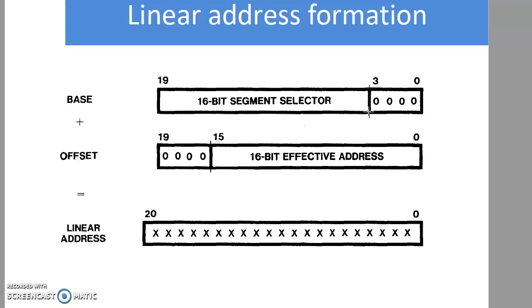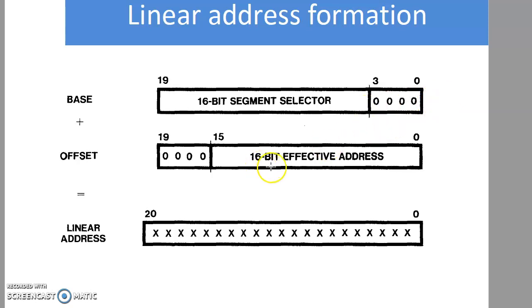For converting a 16-bit address to a 20-bit address, the base address is shifted left by 4 bits, not 4 digits, 4 bits. So you have a 20-bit base address by shifting left by 4 bits.